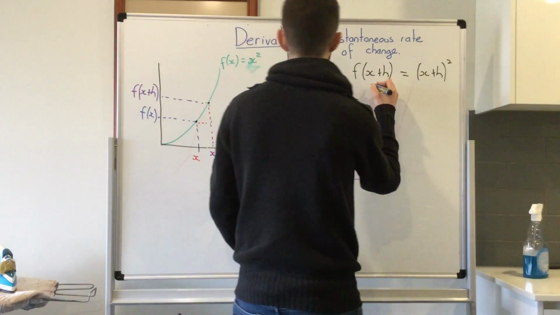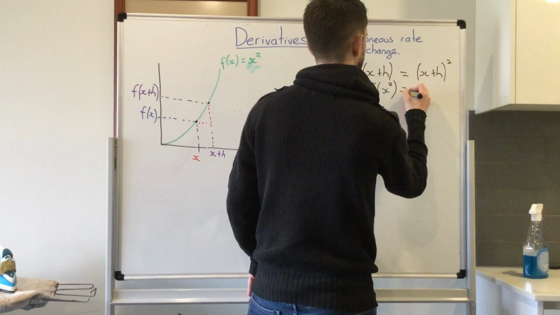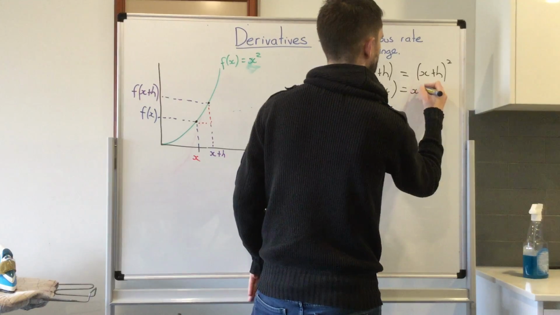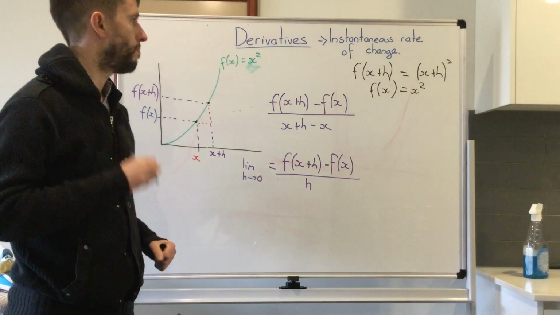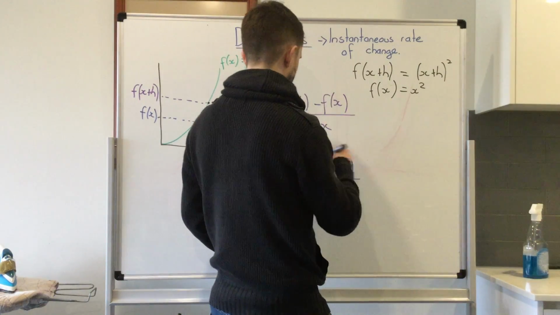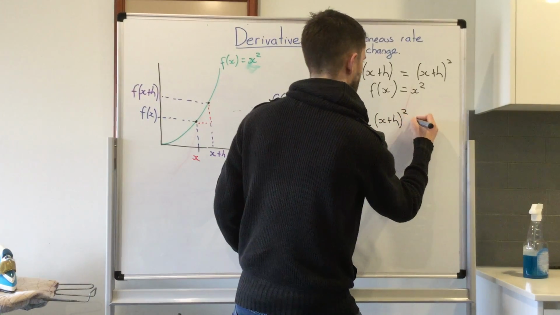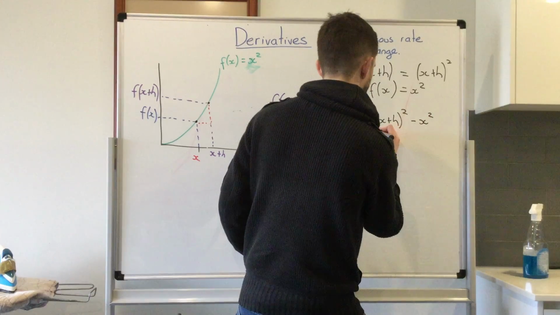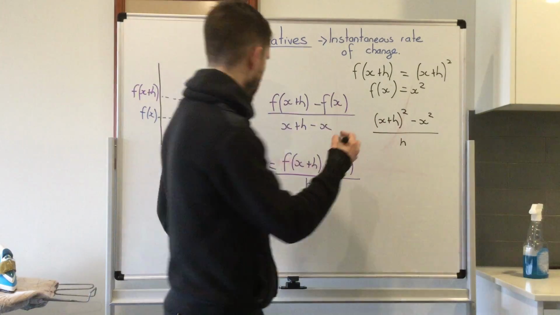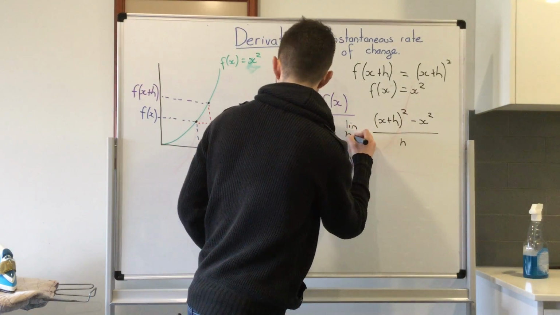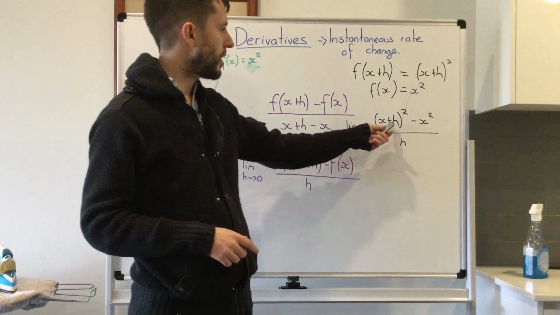So I've got the two things that I need. All I need to do is substitute these into the equation. So that just tells me that I have x plus h squared minus x squared over h. And remember that is the limit when h goes to 0.